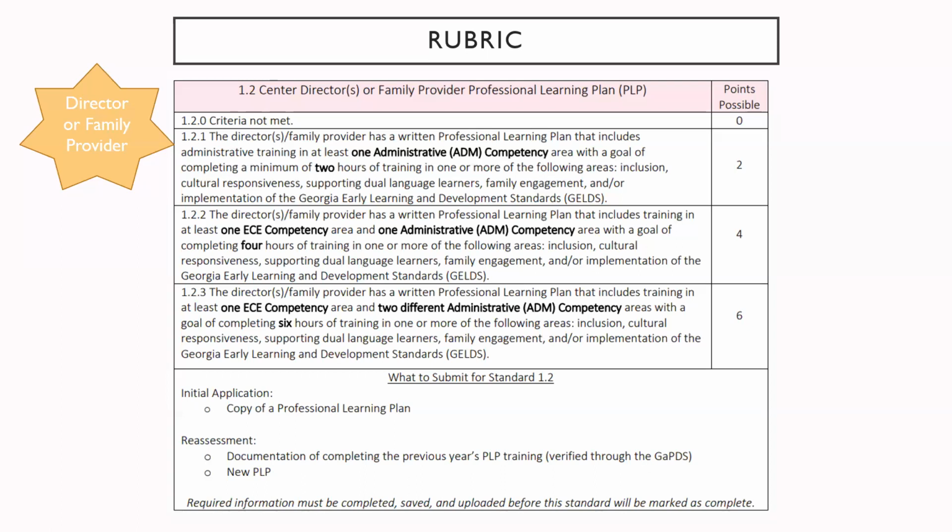At the 1.2 level, center directors or family provider, their professional learning plan, to receive 2 points, the director or family provider has to have a written PLP that includes administrative training in at least one admin competency area with a goal of completing a minimum of 2 training hours that focus on the trainings that are listed on the PLP.